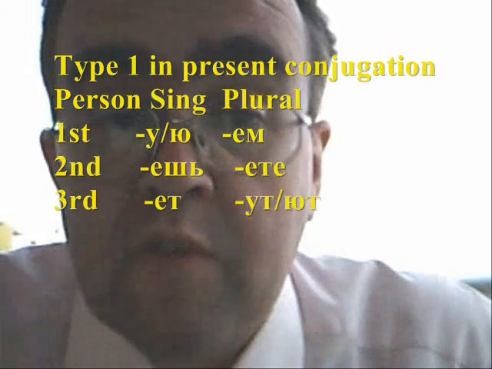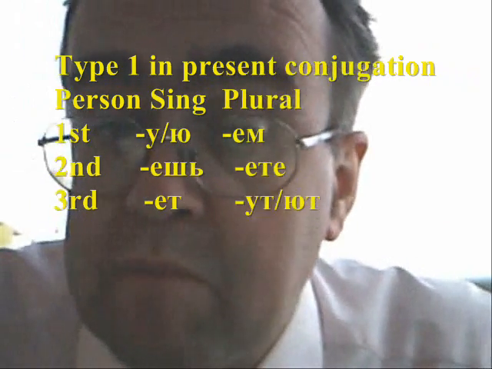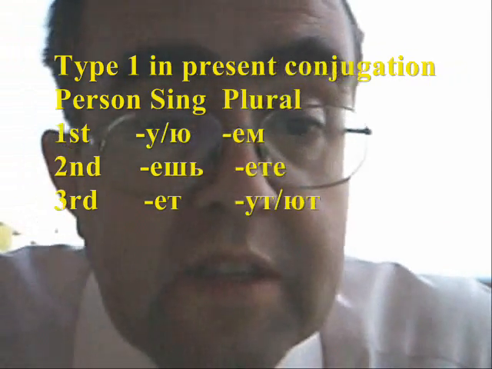This is the definition of a class 1 verb, because the place of this ye or yo is taken by i in the class 2 verbs. That's the main distinguishing factor between the class 1 and the class 2 verbs. But you've got 1A, in which the root of the verb before the infinitive ends in the same vowel as you've got in the basic form.